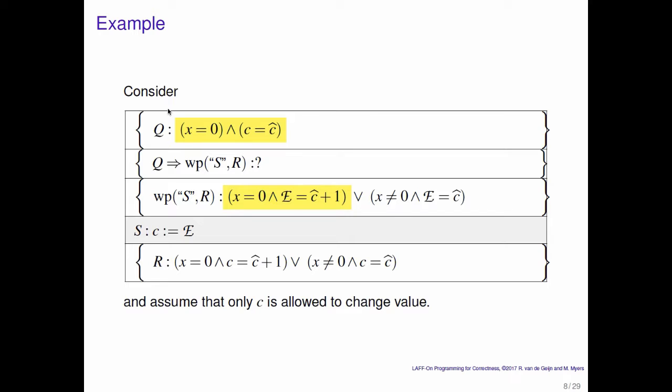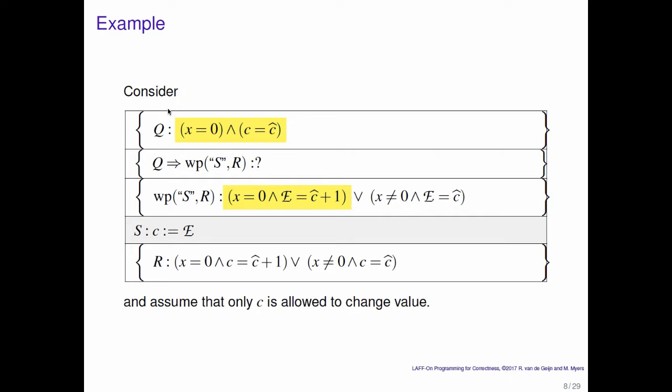And how can we choose our expression e? We're going to show you 2 different ways. One way is to say, well, if we choose e to be c plus 1, then the plus 1 on both sides of the equality will cancel, and then you just get c equals c hat back, which then means that that part of the disjunction is exactly Q, and then we are exactly where we want to be.